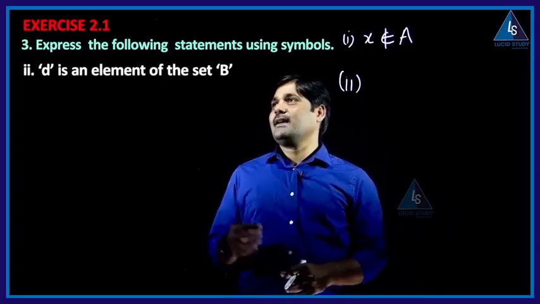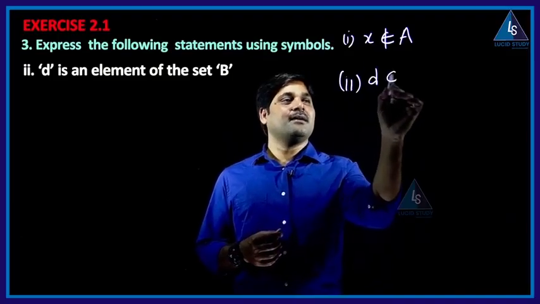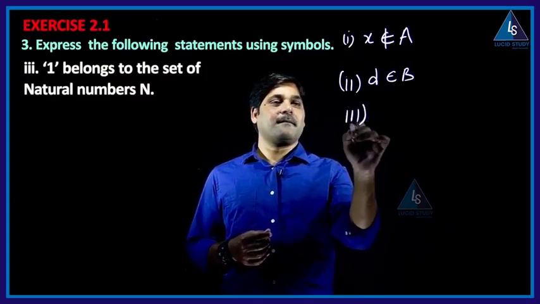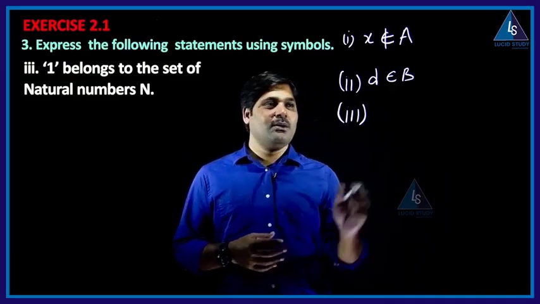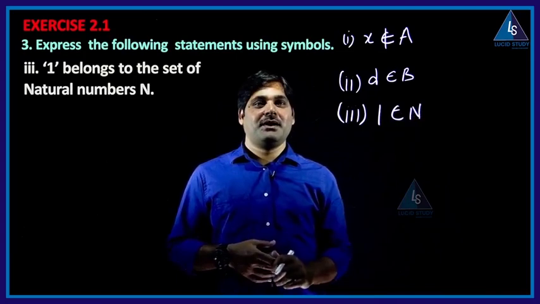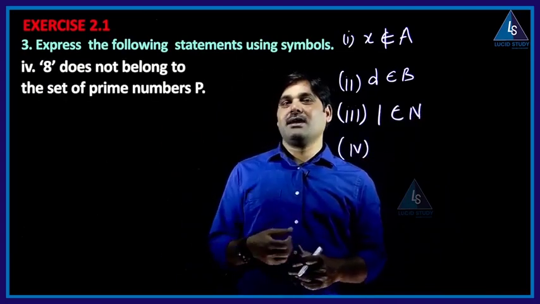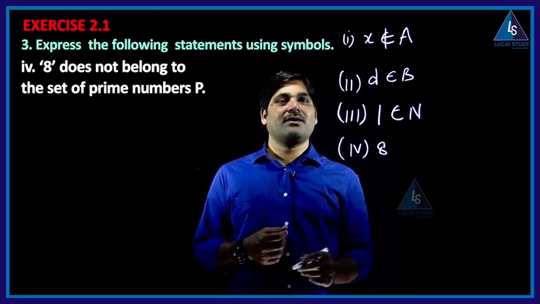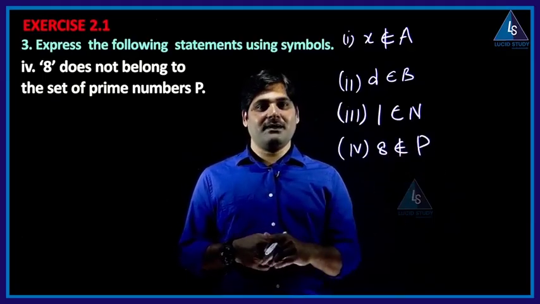D is the element of the set B. So D belongs to set B. Now third one. 1 belongs to the set of natural numbers. So I will write 1 belongs to N. Right? Next, question number 4. If you see, 8 does not belong to the prime numbers set P. So we will write that in symbolic way: 8 does not belong to the set P.